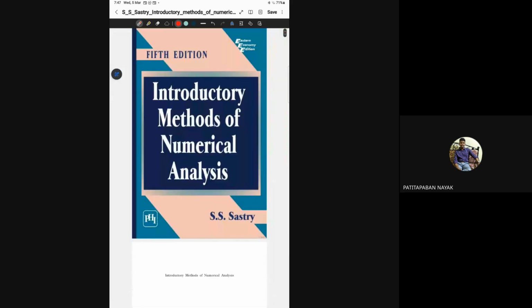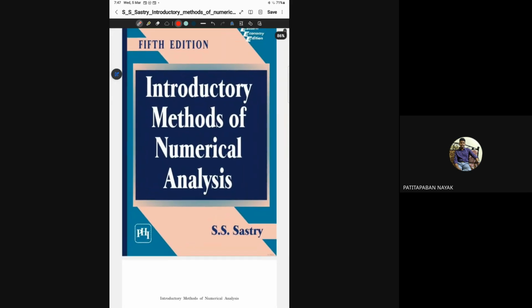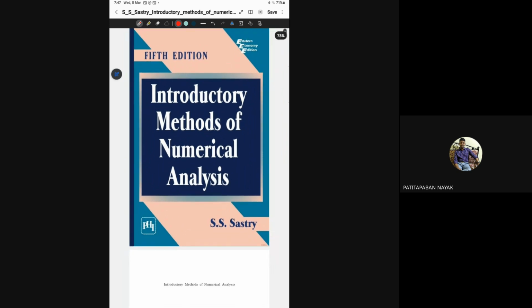I'll put up one last book, Methods of Numerical Analysis. Try to get a copy of this book somehow; that will be useful. Check with the center if there are other materials as well.